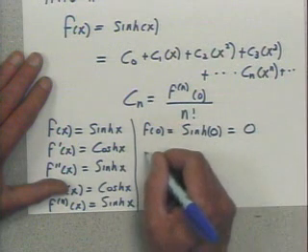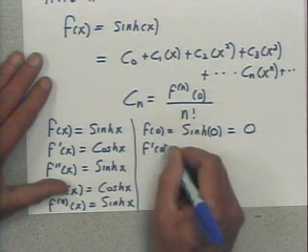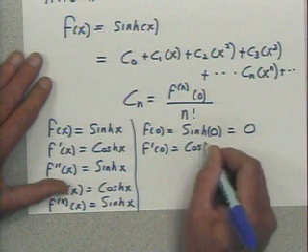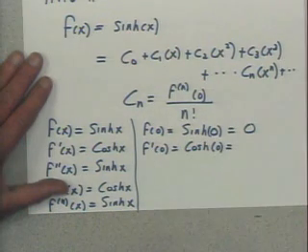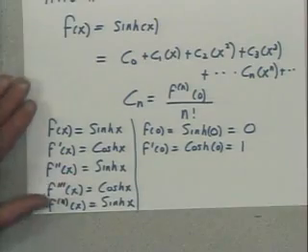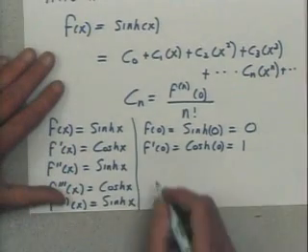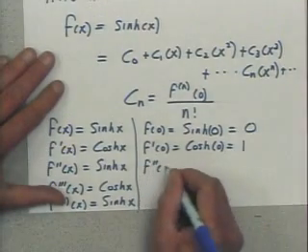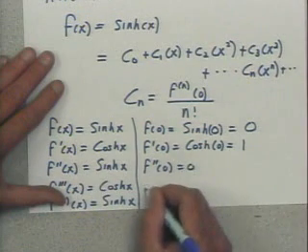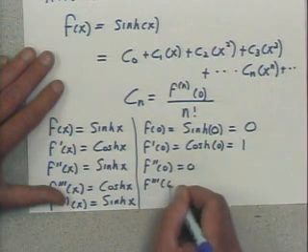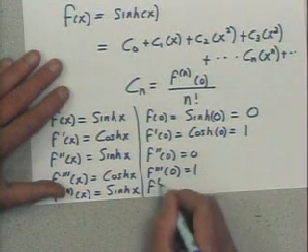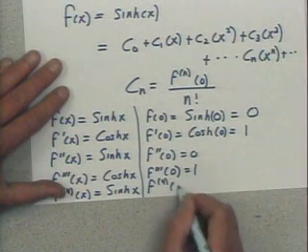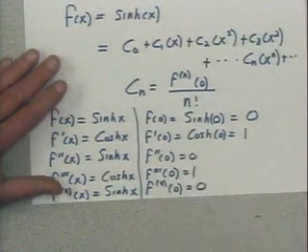Yep. F prime of 0 is like taking cosh of 0, which is 1. Okay, now that we know, F double prime then is going to be back to 0, F triple prime is back to 1, and the fourth derivative, evaluated at 0, is back to 0 again.